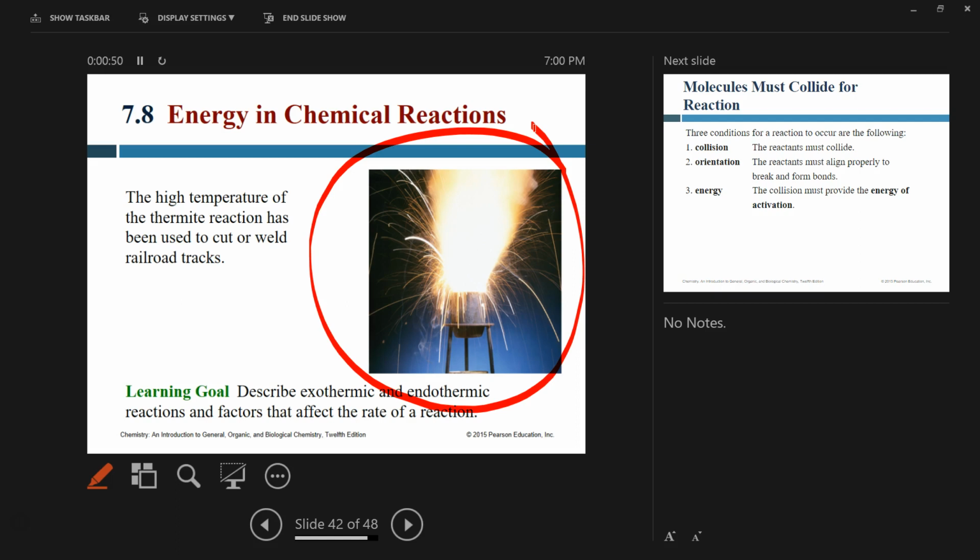Remember that story? You did it in the lab. The idea is that there are two types of reactions, exothermic and endothermic. In exothermic reactions, energy is released, and in endothermic reactions, energy is required. And we're going to talk about it a little bit more.